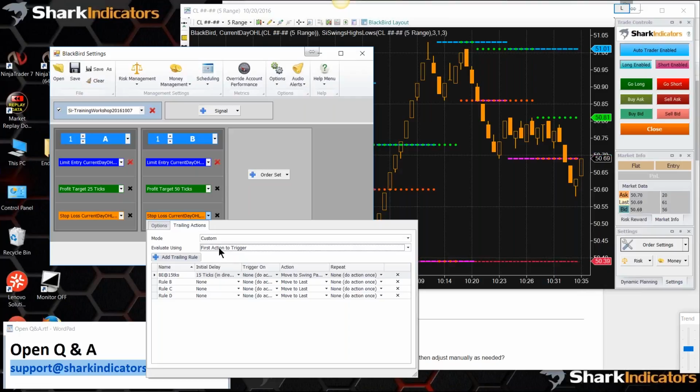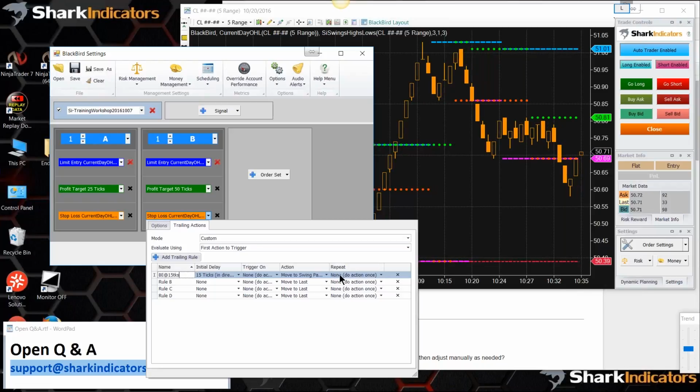However, that doesn't mean the first one is the only one that can actually execute. This just sets a priority. So, say for example, this rule here fires off first. My break even fires off first. Well, this one would have priority. However, remember, my repeat is set to none, so it's never going to fire off again.